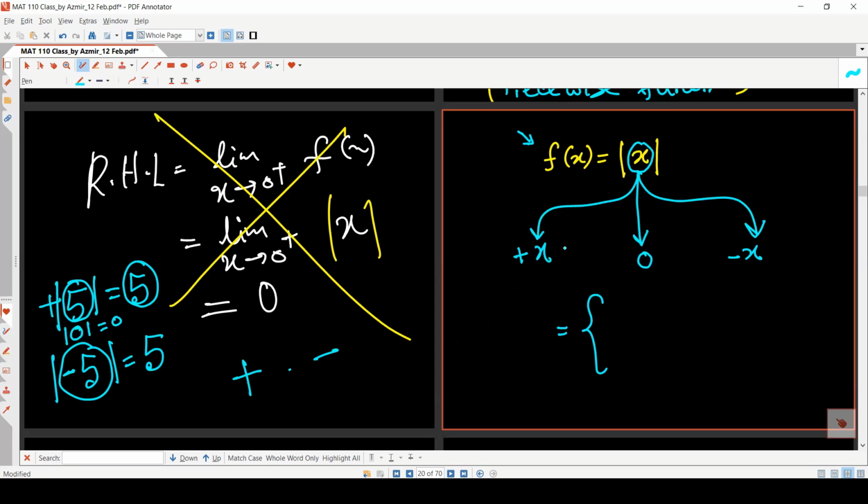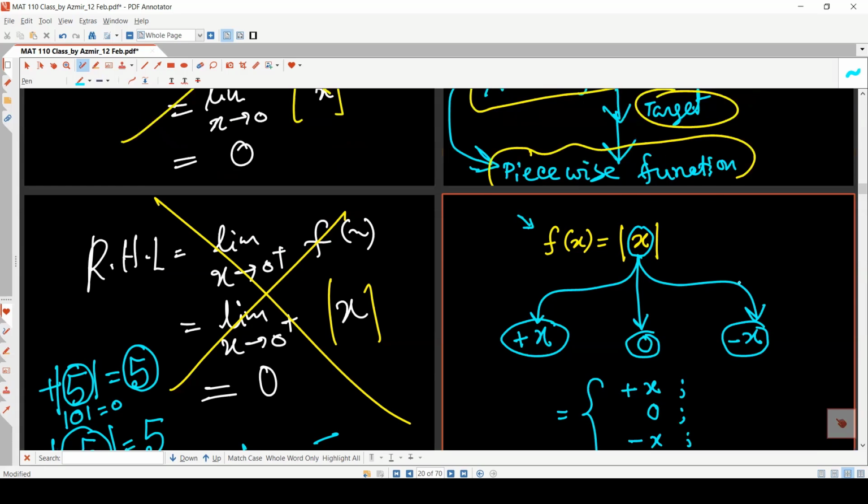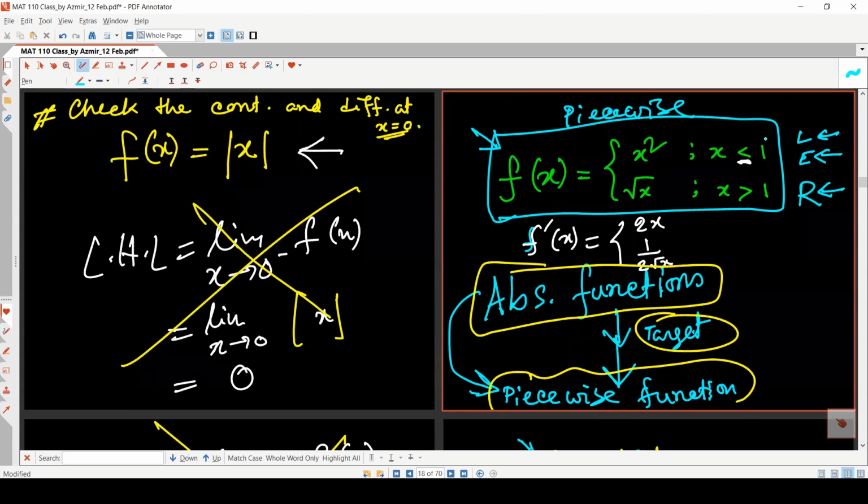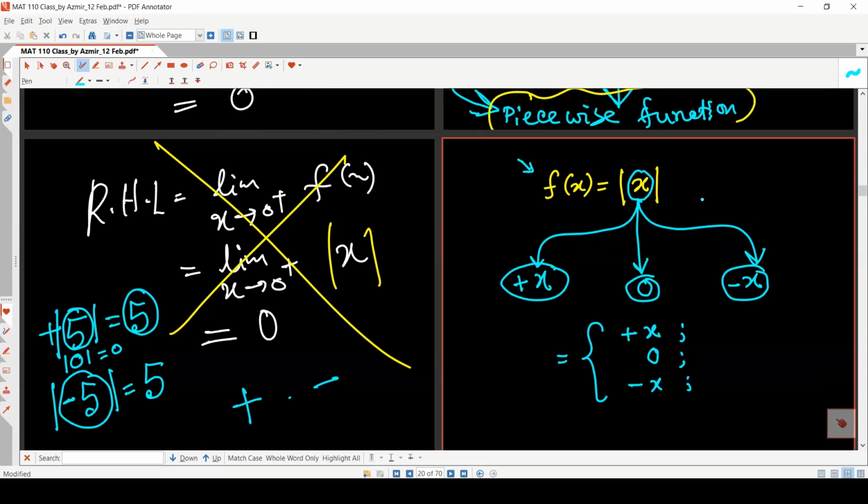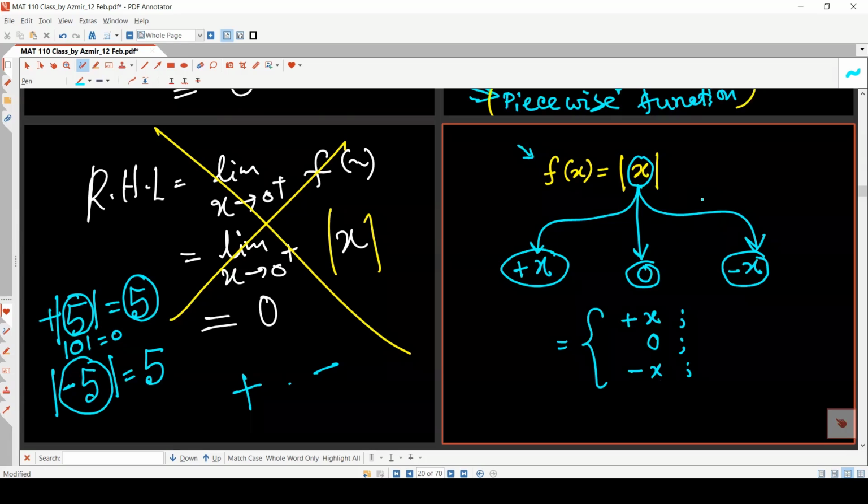One is plus x, another one is 0, the last one is minus x. So we have found 3 parts. Now we have to also define what will be the domains.